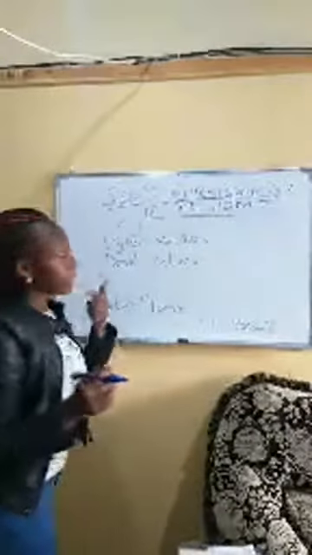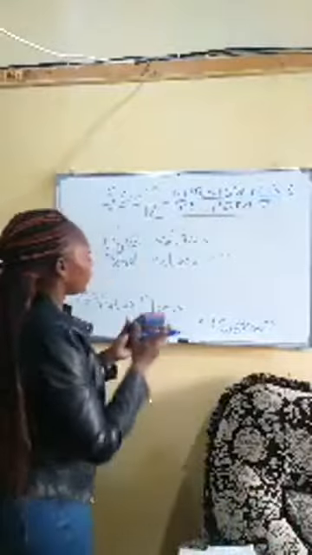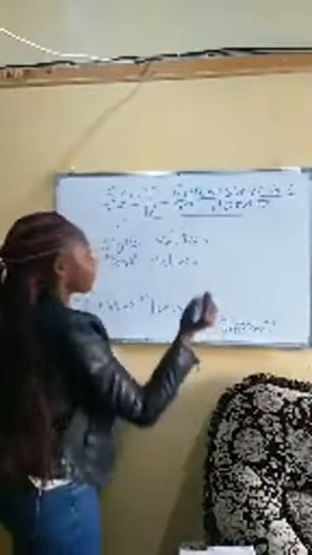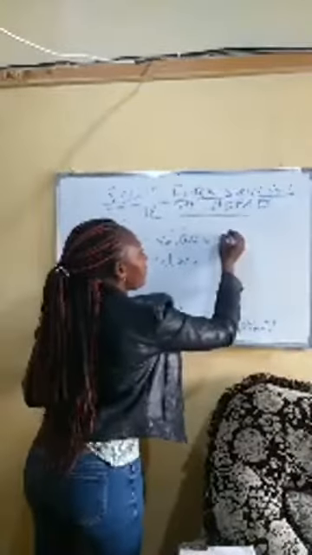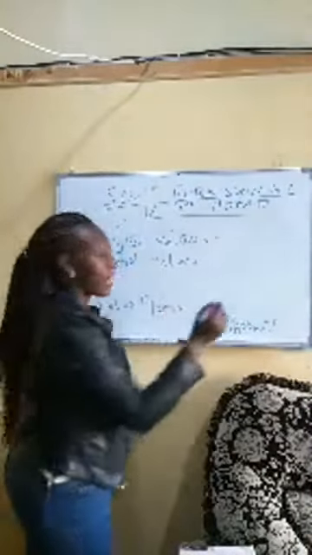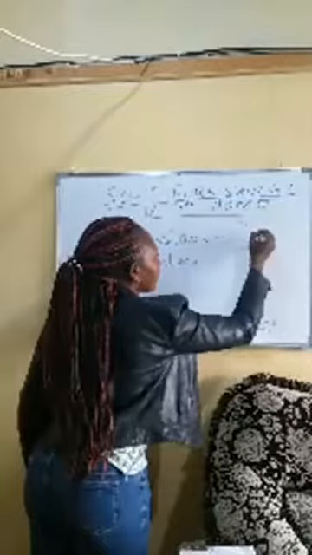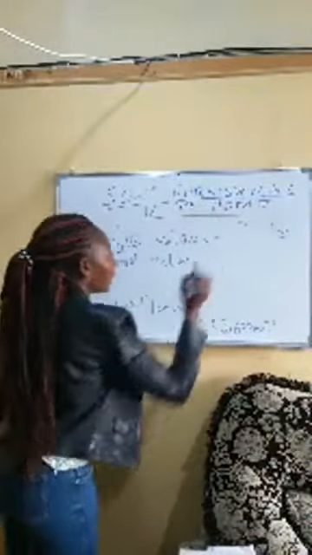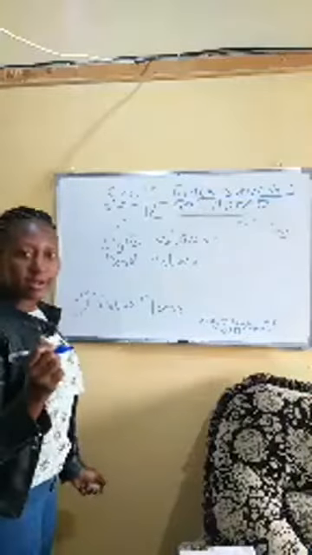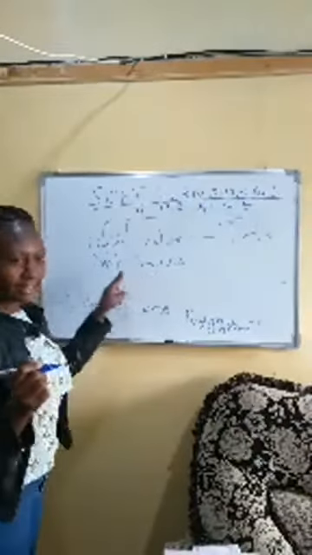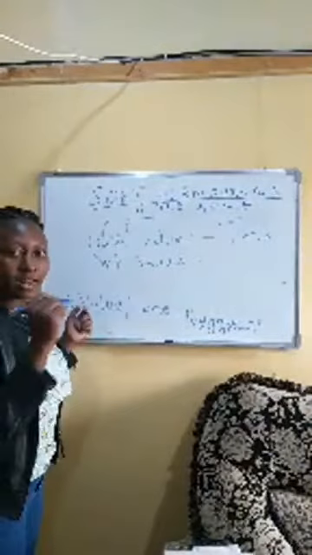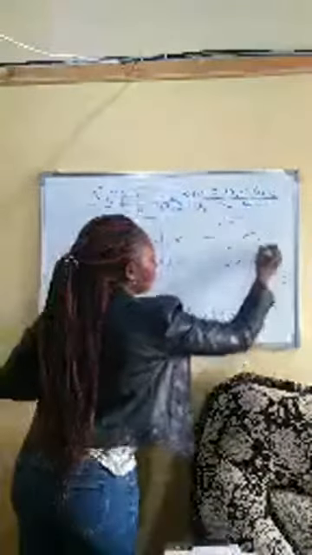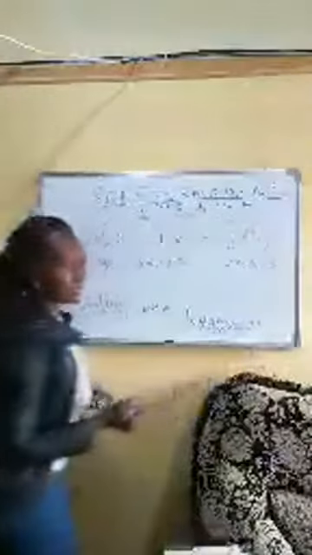So light values are normally obtained when you get a color and then you add white to it. The light values are known as the tints. Then the dark values are obtained when you get a color and then you add black. Those dark values of a color, we call them shades.